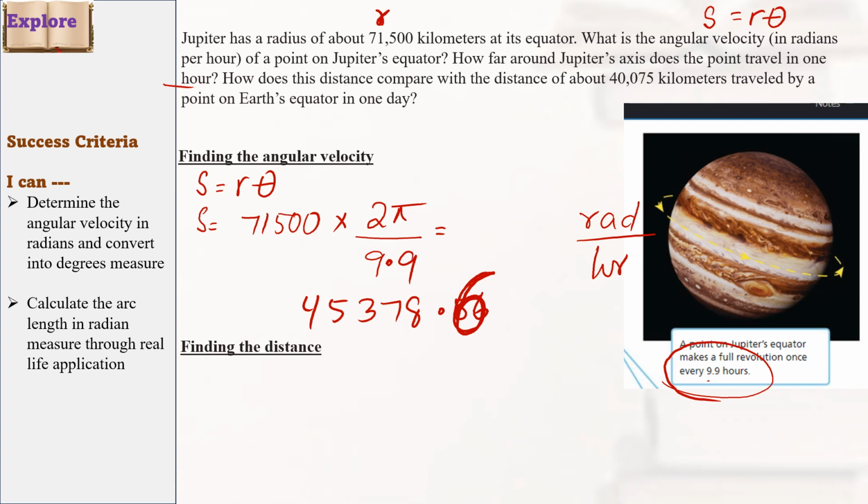Now find the distance. So this is how we can find the distance. So the distance is 45,378.6 in 1 day.